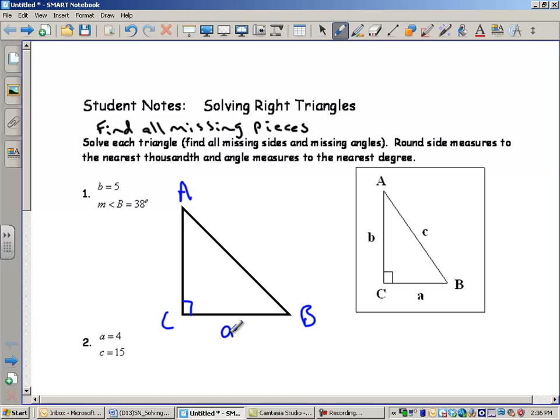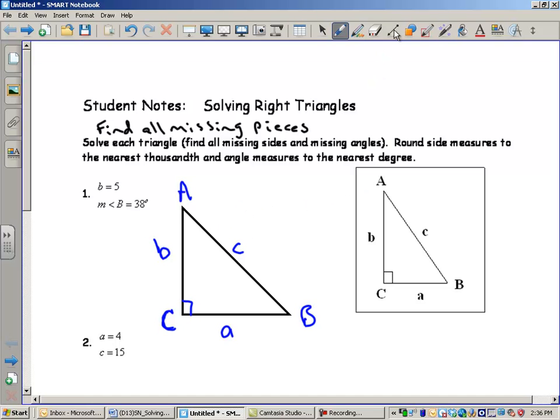So side length a should be directly across from angle A. Side length b should be directly across from angle B, and side length c should be directly across from angle C. So make sure you write that down too, that the angles are across from their sides.